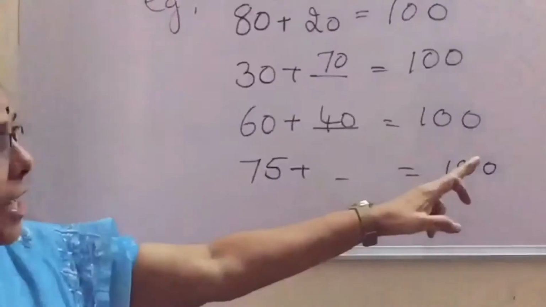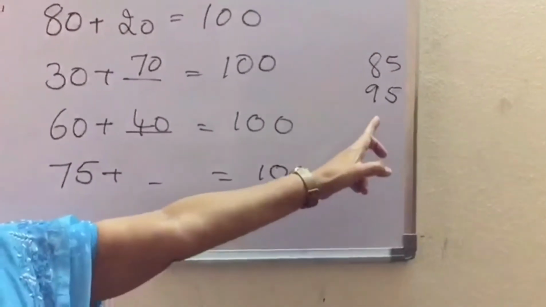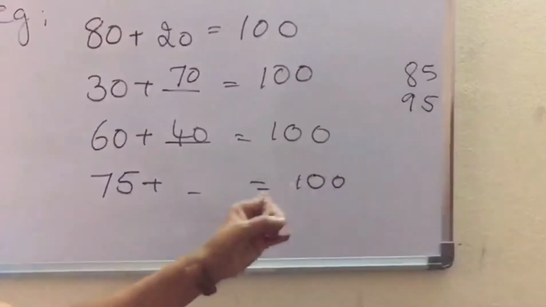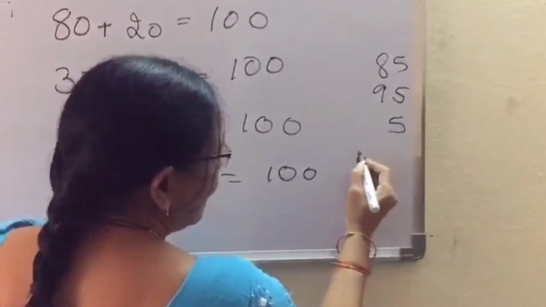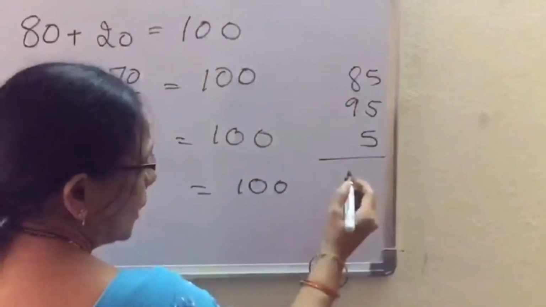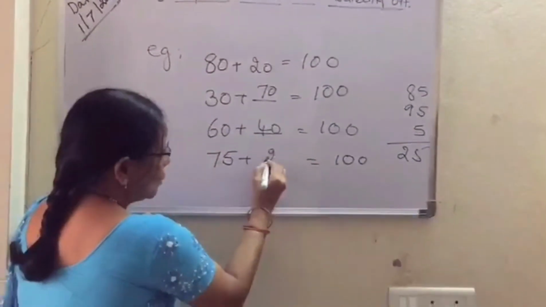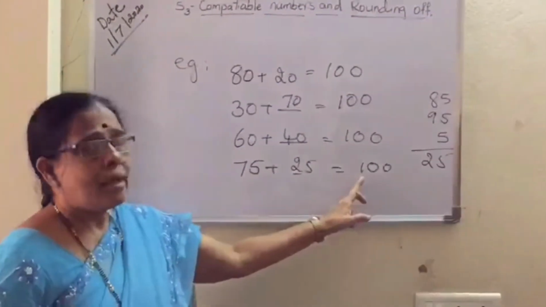See, 85, 95. 2 tens for 95. How many more numbers do you need to make 100 here? After 95, 96, 97, 98, 99, 100. So 5 more. That means how many? 10, 20, 25. Yes, 25 numbers I need to make 75 into 100.